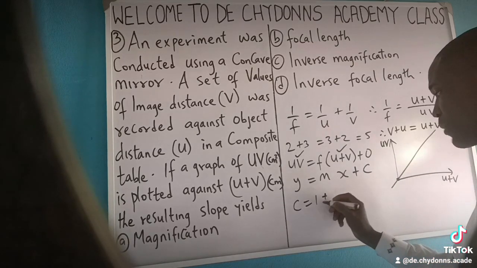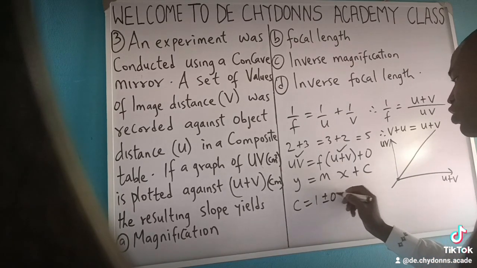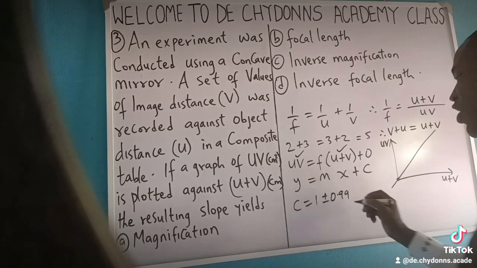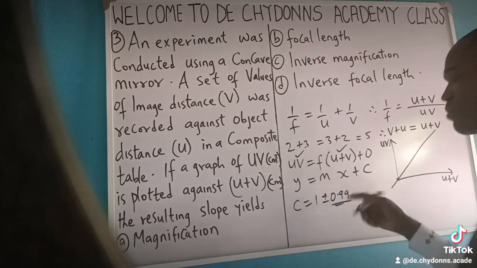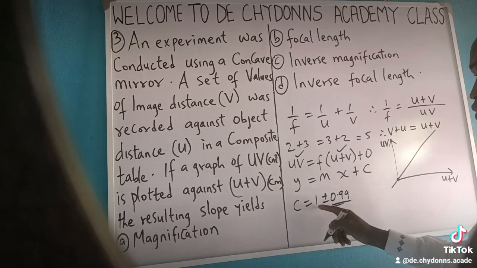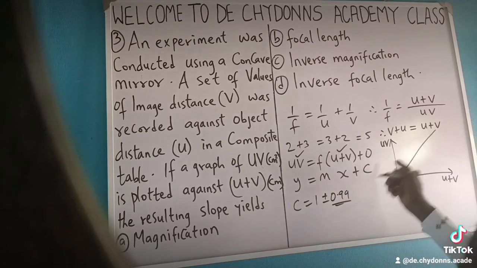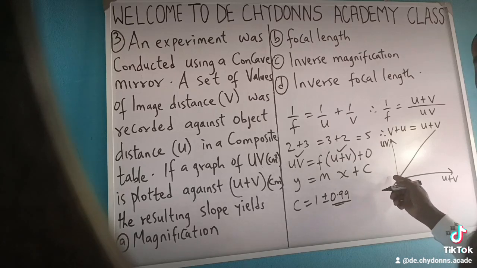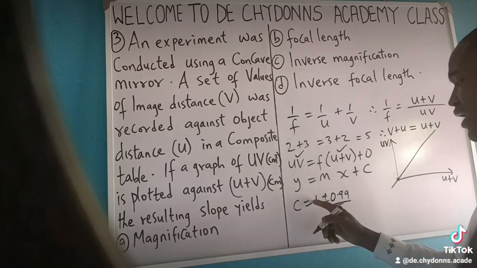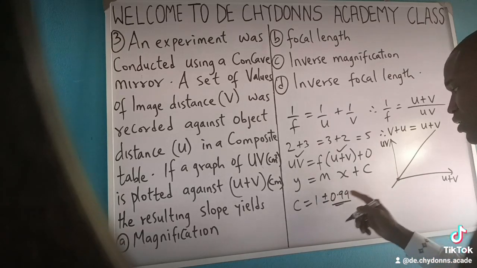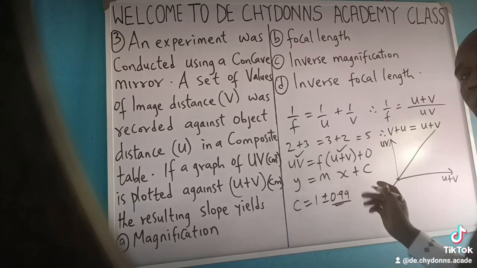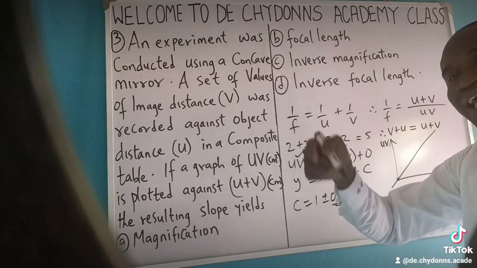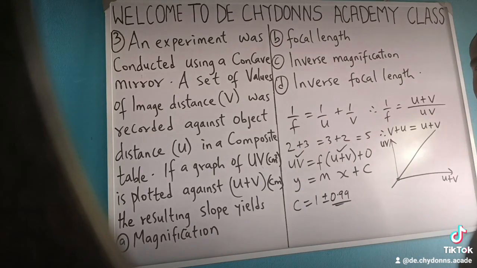This will be plus or minus, maybe plus or minus 0.99. I must conduct my error. When I say 1 plus this, it will give me an answer; 1 minus this, it will give me 0.0 something. Meaning that when you get 1 plus this or 1 minus this, one of them will give you the answer they have in the marking script.